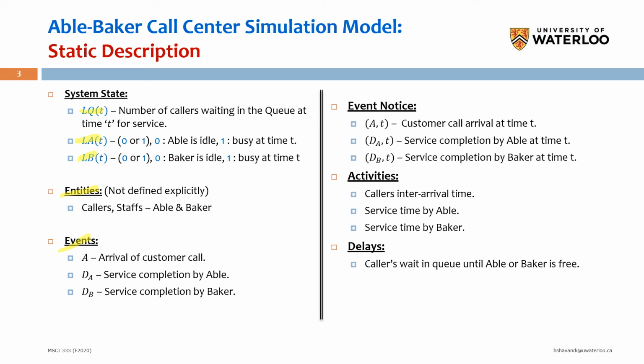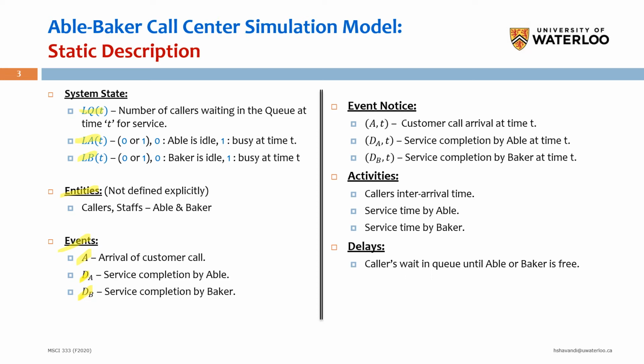If we consider an end time for simulation, then we need to have an event E for the end of simulation. But because of having that termination criterion, here we have just 3 events: arrival, and departure, so departure from Able and departure from Baker.